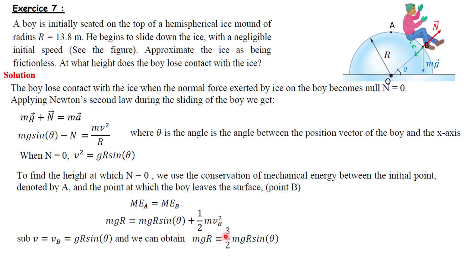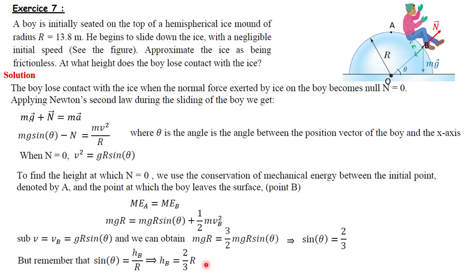This will give us mgR sine theta times 3 over 2, and therefore we can find that sine theta is equal to 2 over 3. Now HB is equal to R sine theta, and therefore we can deduce that HB is equal to 2 over 3 R, and this is the height at which the boy loses contact with the ice.